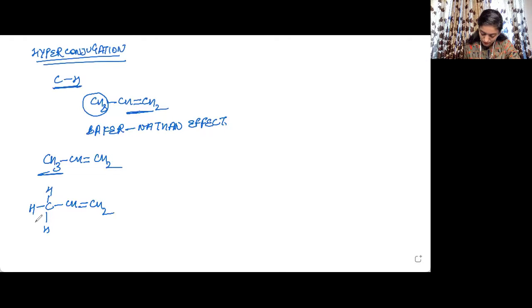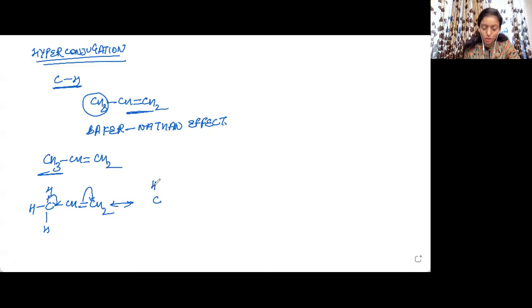Now this CH3 group will release the sigma electrons of the C-H bond towards the unsaturated system, like this. Here it will go here. For the symbol, we will be using the same arrow as we use in case of resonance.